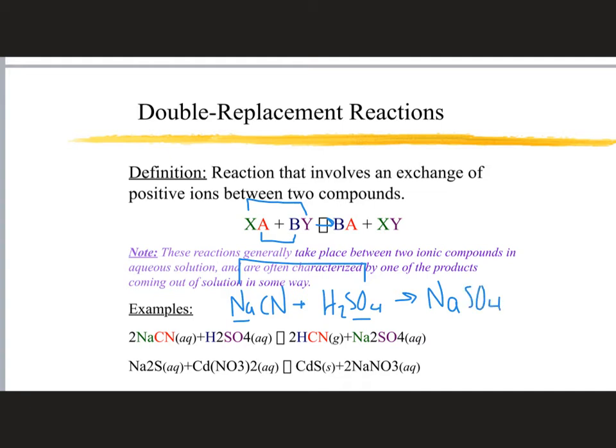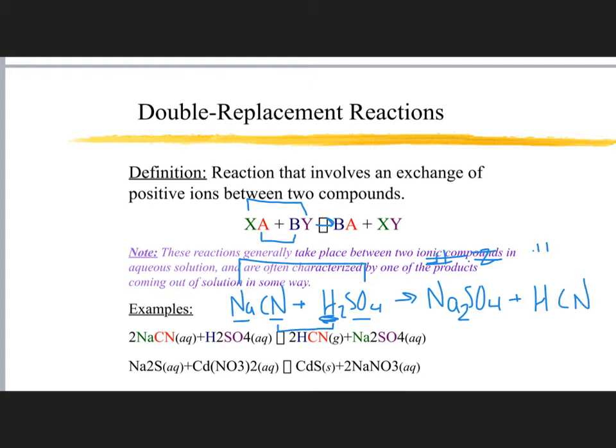So sodium has a charge of +1 and sulfate has a charge of -2. So to balance those charges, it would need to be Na2SO4 to get rid of the charges. And then the next compound would be hydrogen with the cyanide. But you always do cation first. So I'm going to write the H first and then the CN.